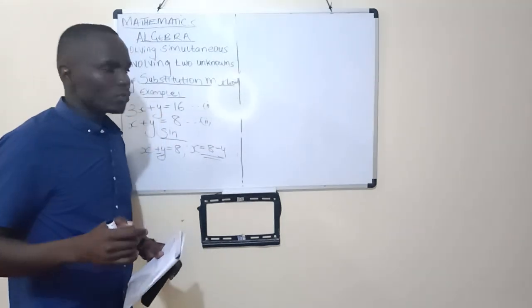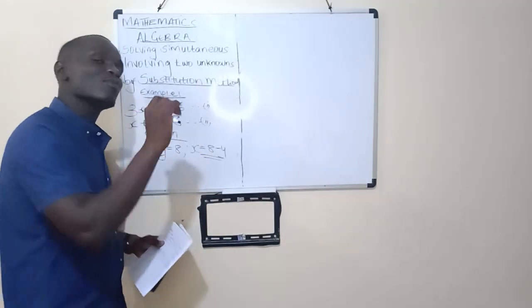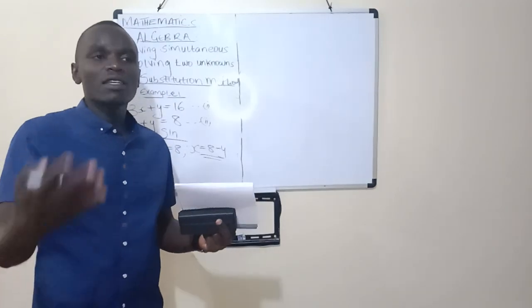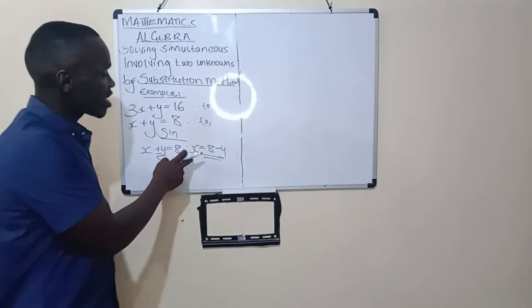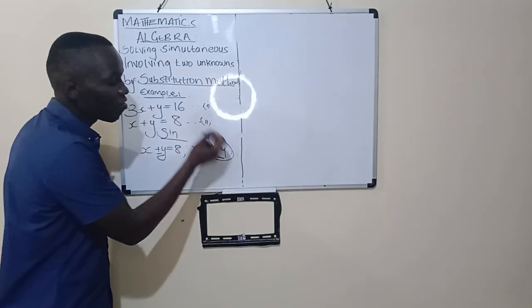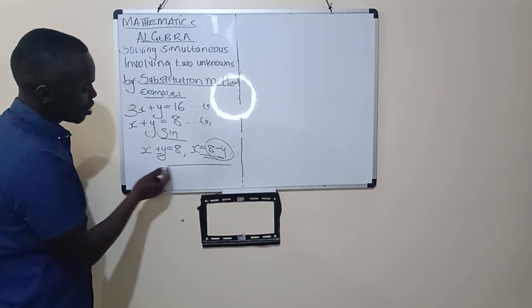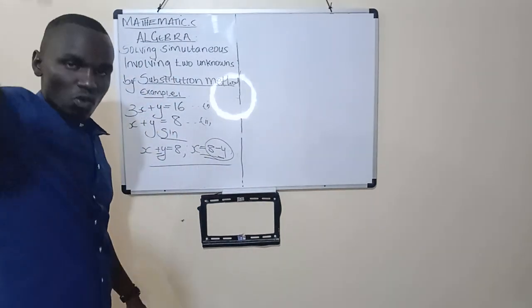Number two, that's where we come to apply the concept or the word substitution. Substitution from substituting. We are substituting one in terms of the other. So where we will have x, we will equate it to this value here. For example, now we are going to use this equation that we have expressed from equation 2 in equation 1.